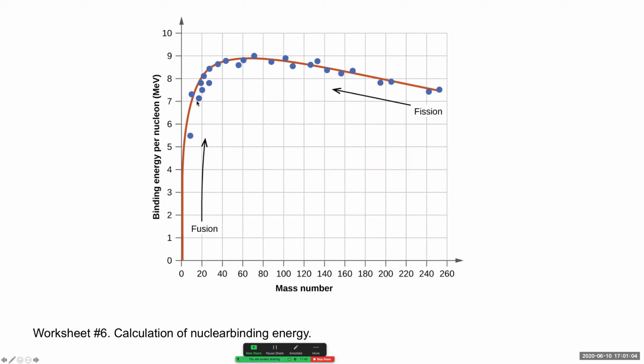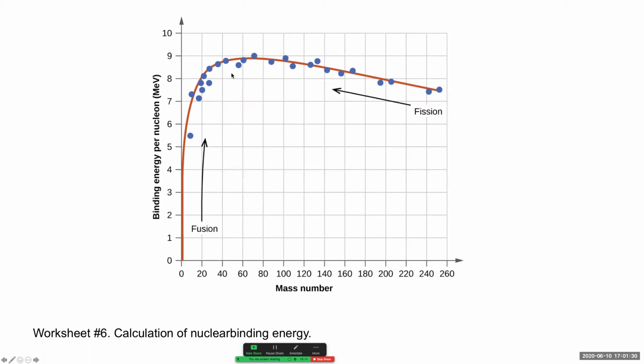And so as you increase mass number, this increases until it kind of peaks out at around mass number 56. Mass number 56 has the highest ratio, or the highest binding energy per nucleon. So that's considered the most stable nucleus.